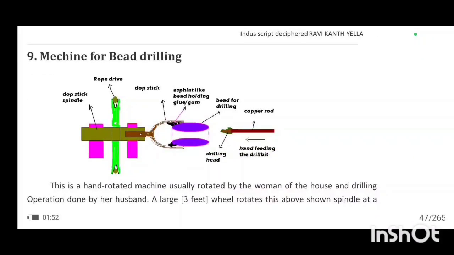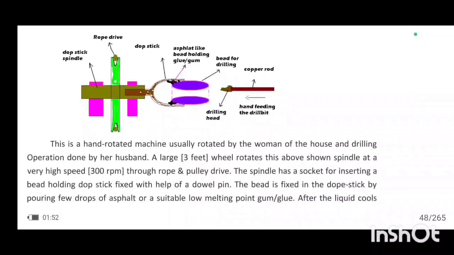This is a machine for bead drilling. Cornelian beads are very hard rock, stone. They drilled 3-inch beads with a 1.6 mm hole, which is almost impossible even these days.